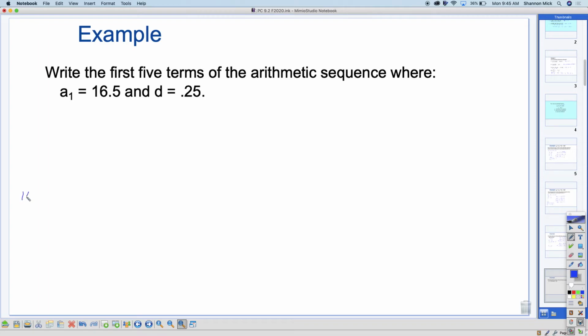Well, it'd be 165 over 10. Yes, it's 30. And then you divide it by 5, so you get 33 over 2.